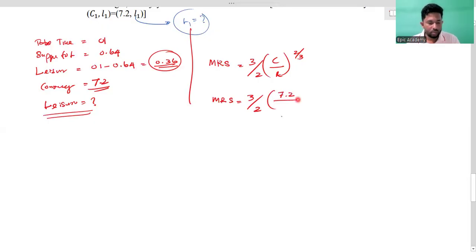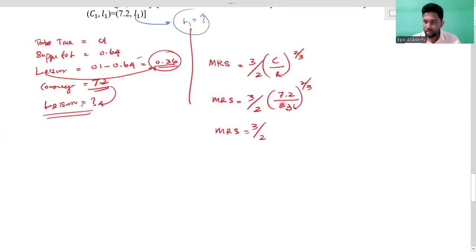Then what about the L? This L is the L for the leisure time period. It is 0.36. The power is 2 divided by 3.